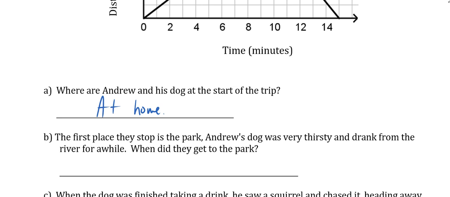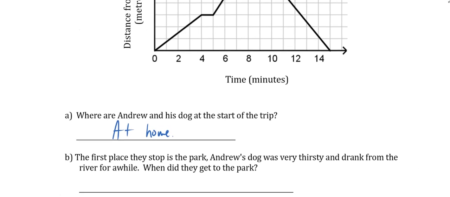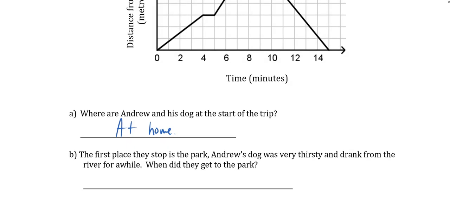Sam? At 4 minutes. Why would you say that? Because it stops going up. It stops getting further away from home. Yeah, very good. That's where they stop moving for a little while. So presumably the dog is drinking there. So when did they get to the park? After 4 minutes.